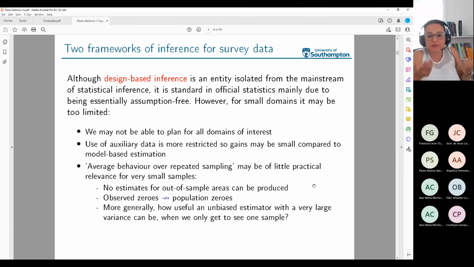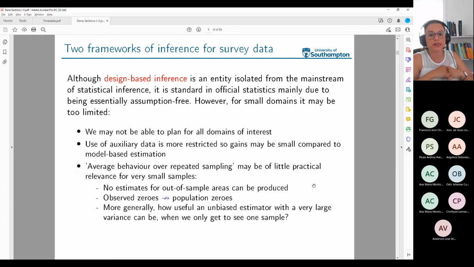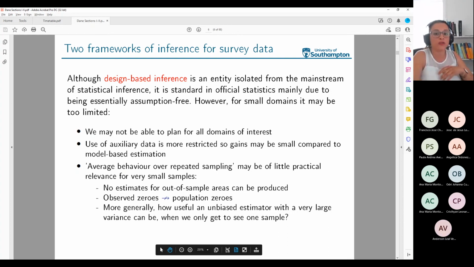From one sample, how good is it to say, on average I would be spot on, but I just get one sample? What if I got a very bad one? If the variance is large, I'm going to have good samples and bad samples, and the one that I got could be anything, so it's very risky to use this in the context of small domains.